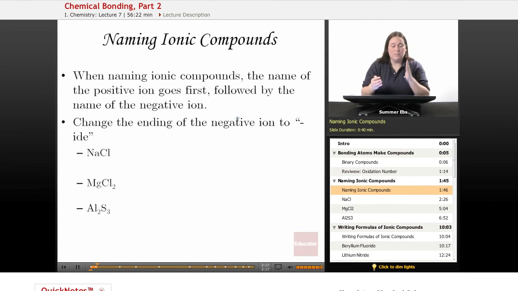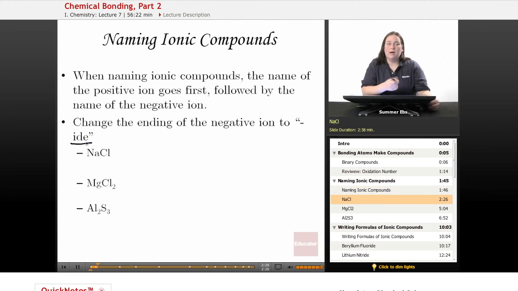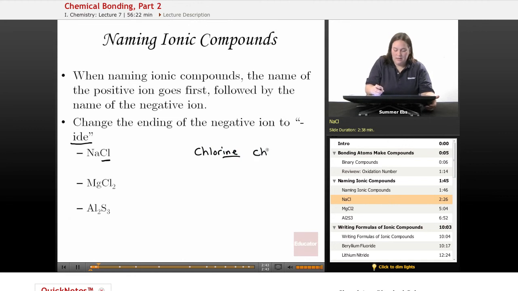So we name with the positive ion first, the negative ion second, and you change the ending of your negative ion to IDE. So if your negative ion is chlorine, like this one, the ending changes to IDE, chloride. So what used to be chlorine, take away that ending and add IDE, chloride.